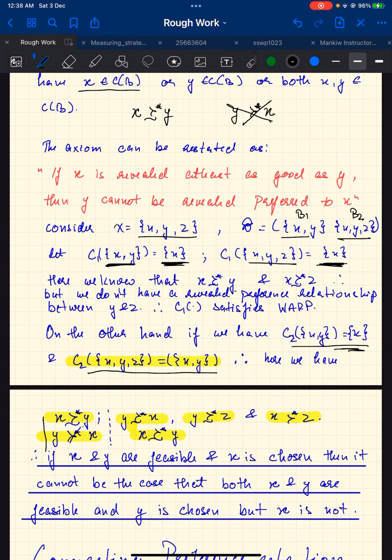And therefore, we say that this choice structure does not satisfy the weak axiom of revealed preference.